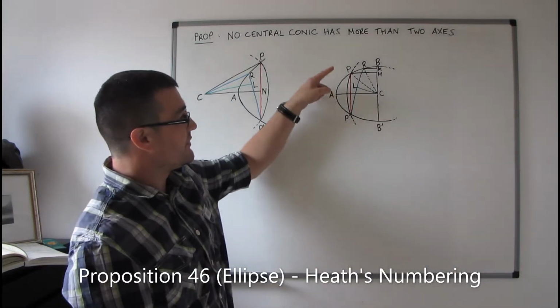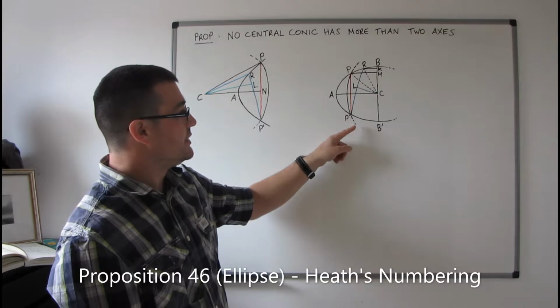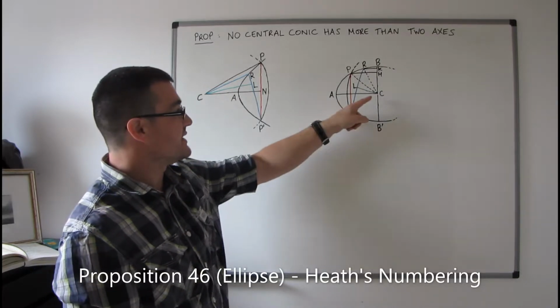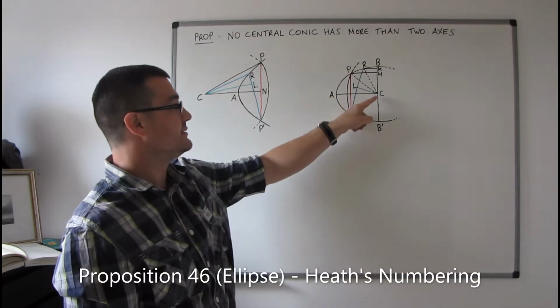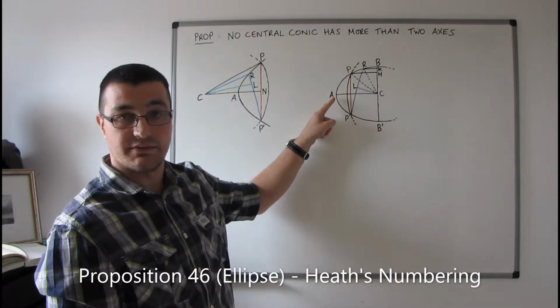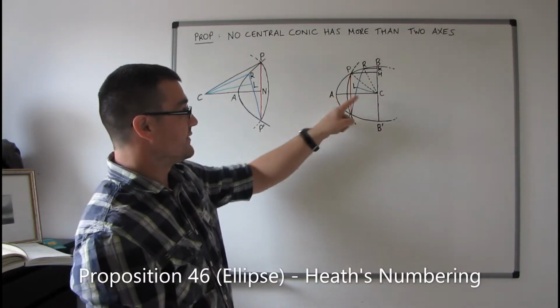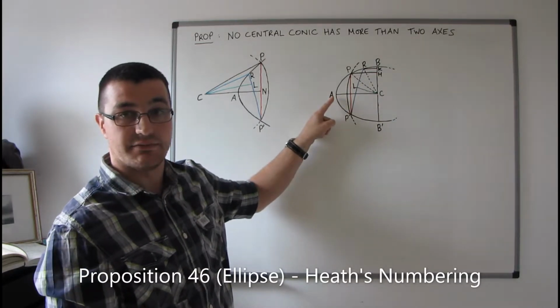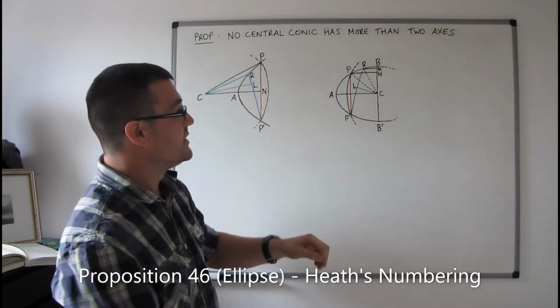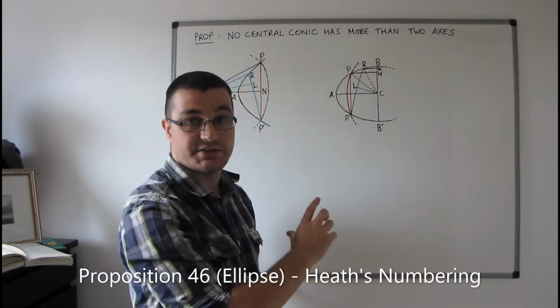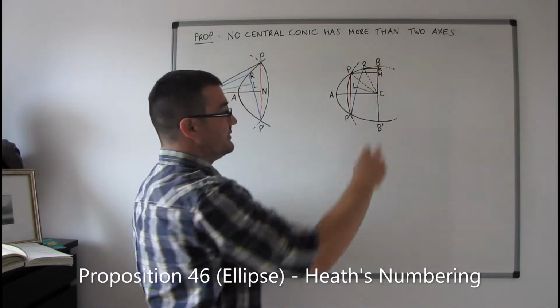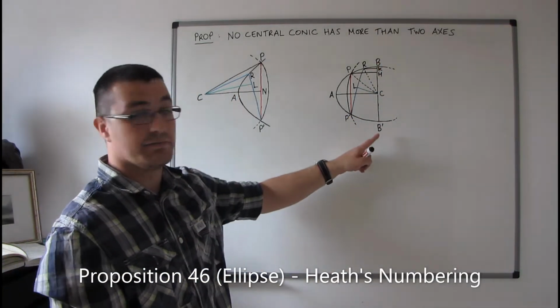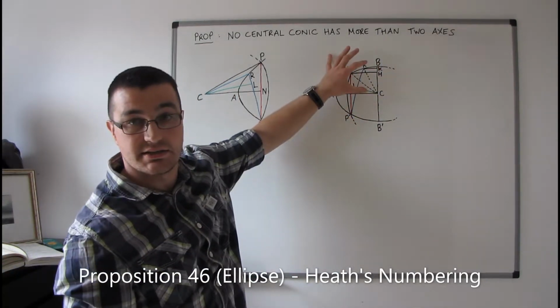Notice that the circle that we've drawn will necessarily have a radius that is less than the length of the line CA, which is half of the major axis of the ellipse, but it's going to have a radius that's greater than length CB or CB primed, which is half the length of the minor axis.